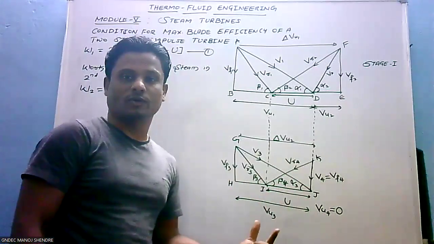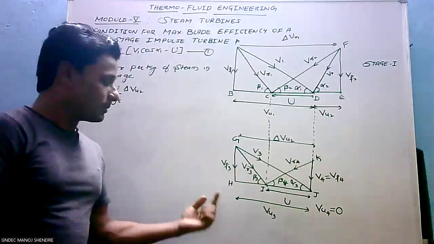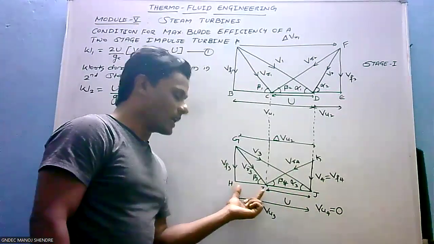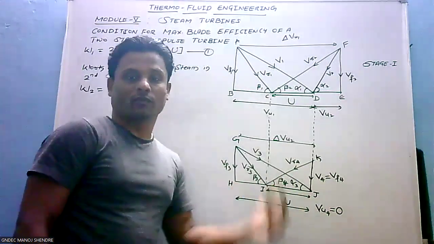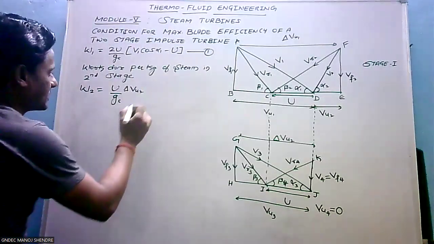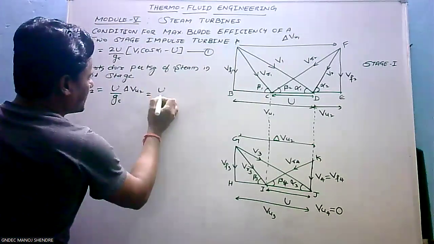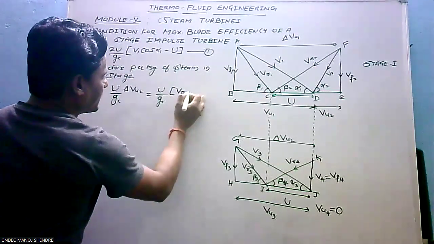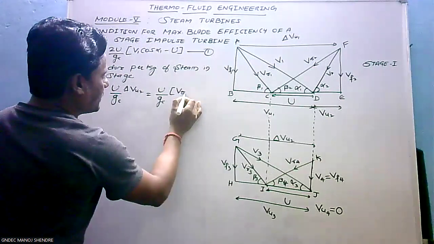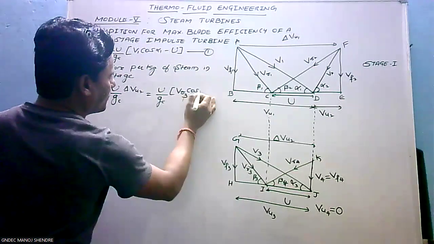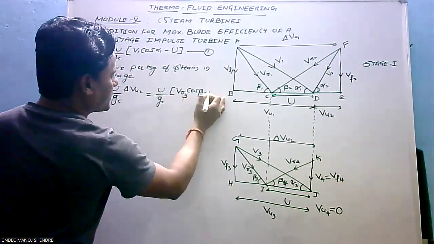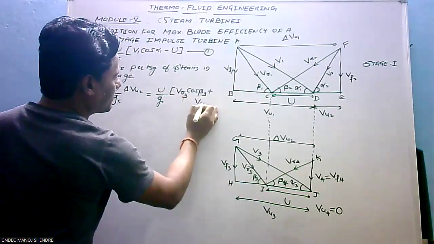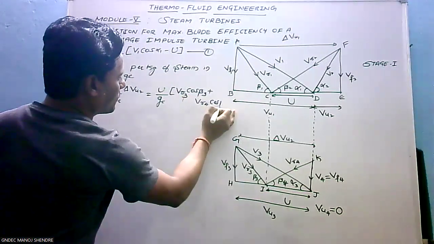HI plus IJ stands for the total length from H to J, that is VR3 cos beta 3 plus VR4 cos beta 4. Let us write the same, U by GC as it is, into (VR3 cos beta 3 plus VR4 cos beta 4).